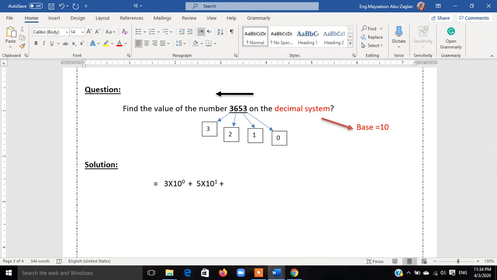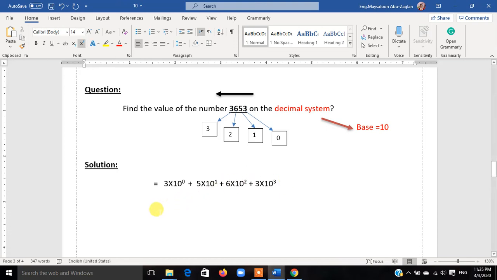Plus 6 multiplied by 10 power 2. Why 2? Because the order for number 6 here is 2. Plus 3 multiplied by 10 power 3, because the order for the number here is 3.